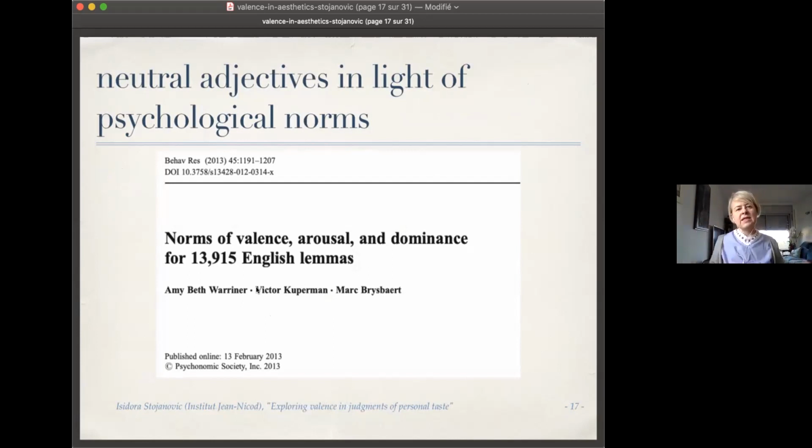So basically these norms constitute large data where psychologists have asked speakers to rate a number of words, not only adjectives, but all sorts of words, on 3 dimensions: valence, arousal, and dominance. And the one that we are obviously most interested in is the dimension of valence.